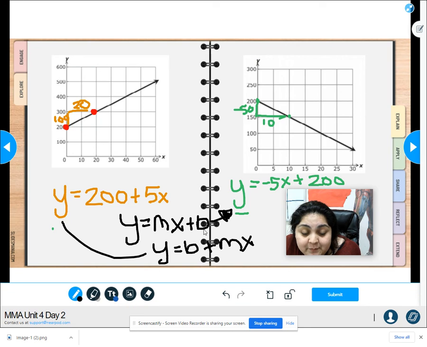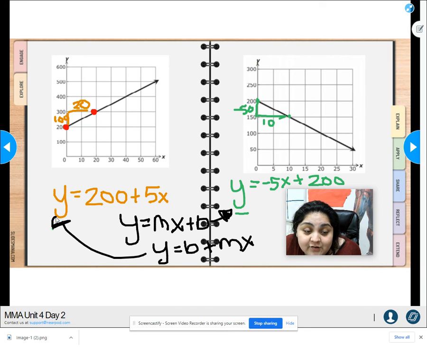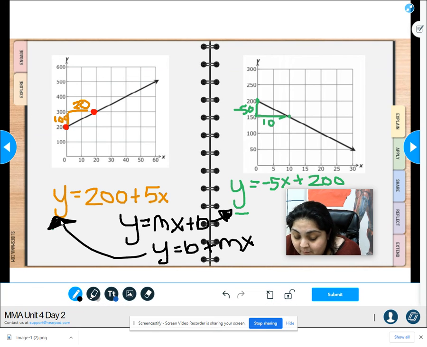You still know which one the b is because it's the one where it starts at, okay? Either the amount of money you had in the savings, how far away you are from your house before you start, the amount of money you had to put into your business. That's your y-intercept, okay? Versus the rate of change is what's changing over time. It's changing by adding 5 every time, or it's changing by taking away 5 every time.